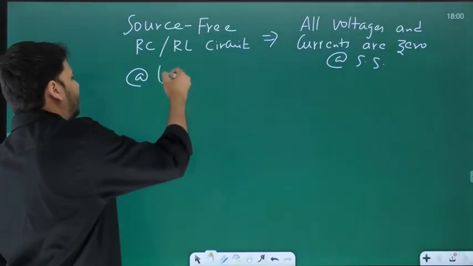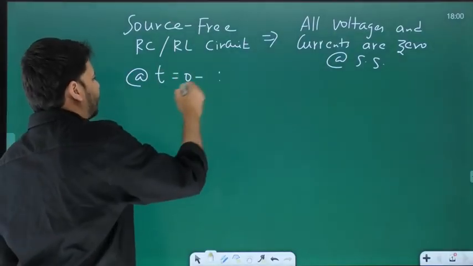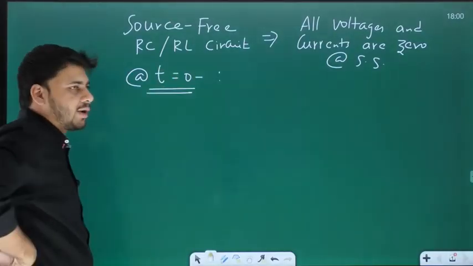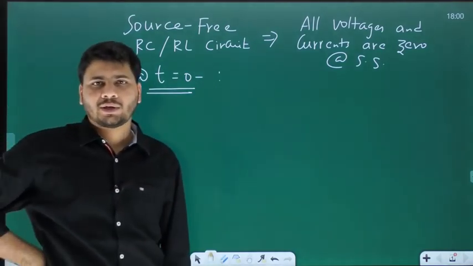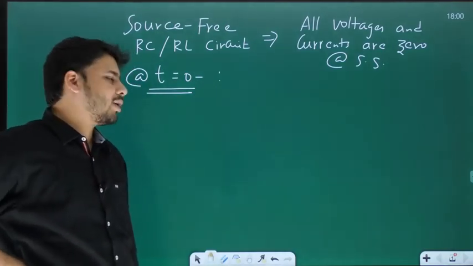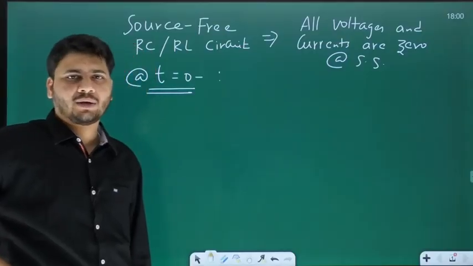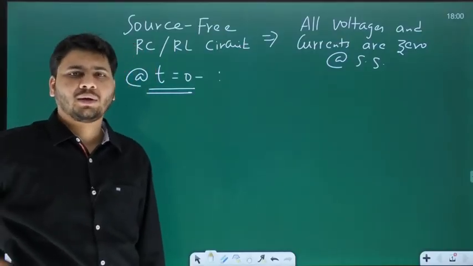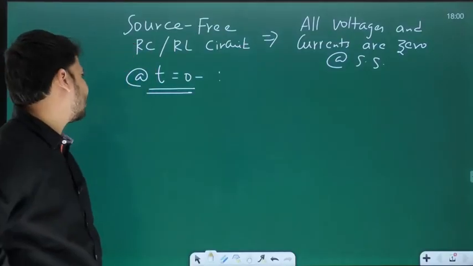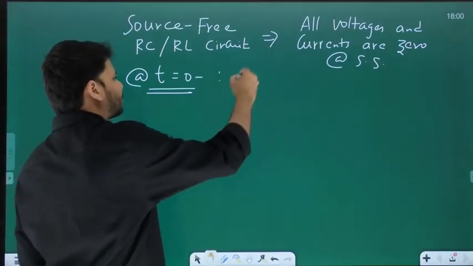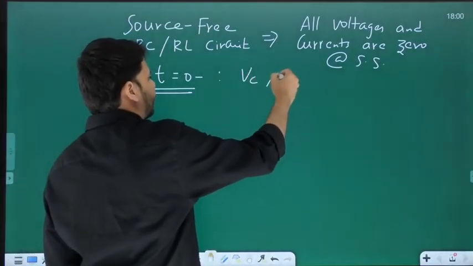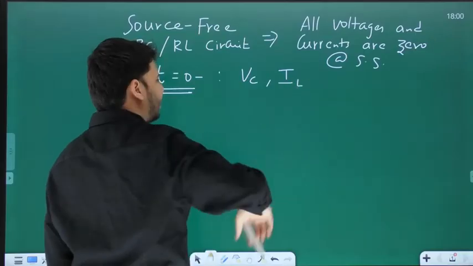When we draw the circuit at t equal to 0 minus, we do not find each and every voltage and current in the circuit. We only find Vc and IL.